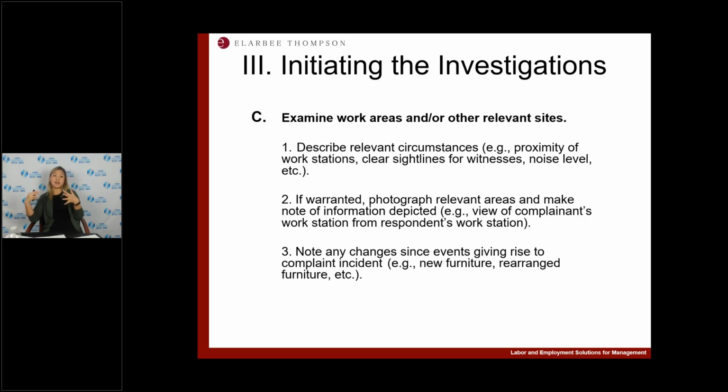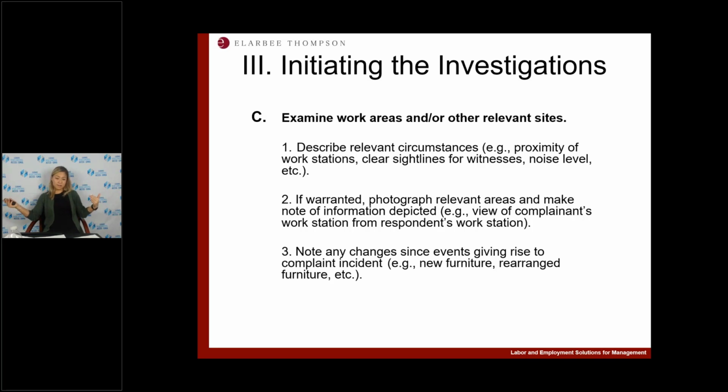You want to be able to picture that, and to ask questions about that. If someone says, well, I overheard them screaming at each other, and you ask where they were, you want to be able to picture, okay, that makes sense, they were 5 to 6 feet away, versus, oh, you were in a conference room, but you said they were on the other side of the hallway.